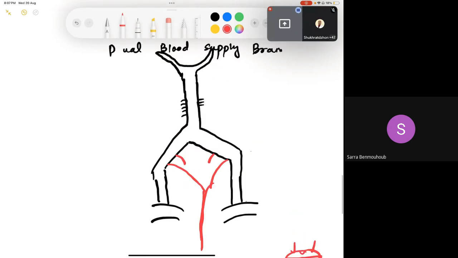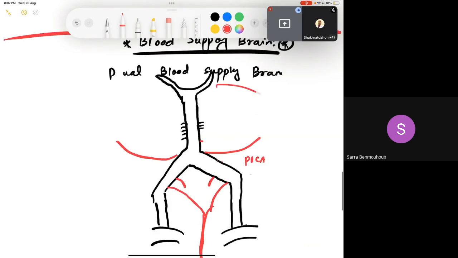Then, from the vertebral arteries in some individuals, or in another group of individuals from the basilar artery, it would give a branch called PICA. What is PICA? PICA is the posterior inferior cerebellar artery, right? We know that here we are going to have our cerebellum as well.